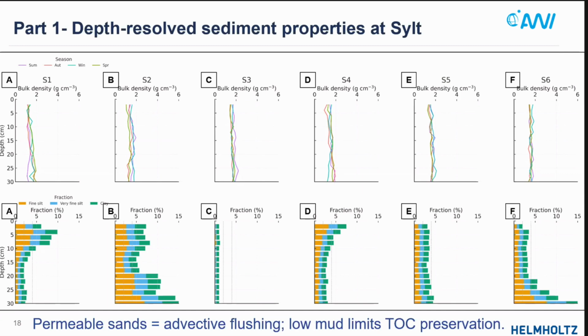We see that the percent of mud was quite low, and if we compare it with panel A, B, or panel D, E, we see that the reefs, when there are organisms, add roughness, so it increases small-scale backfilling and also increases the residence time of the smaller particles. So it allows these smaller particles to persist beyond the surface layer.